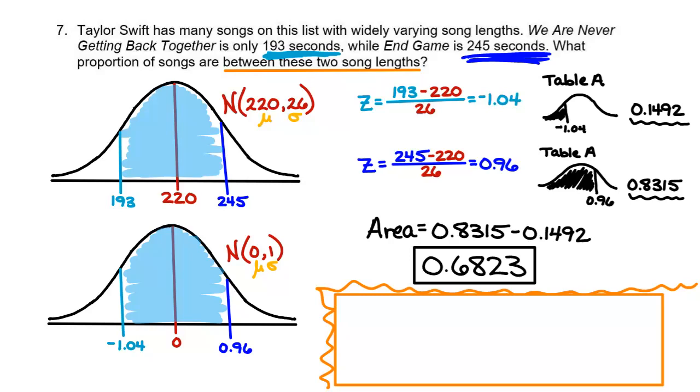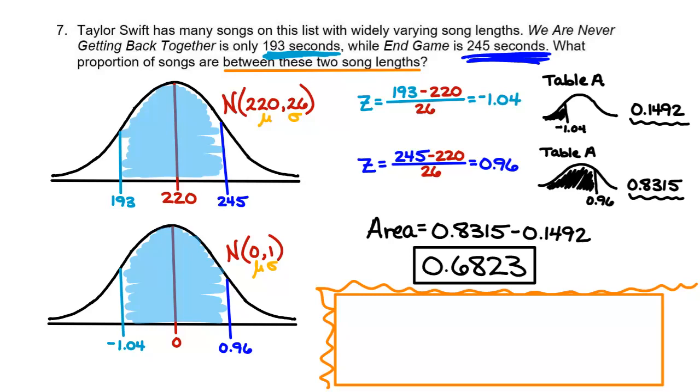What do I put here? Mean. What was our mean? 220. And then what do I put here? Standard deviation, which was 26. Come down to where it says paste and hit enter. Should look like that on the screen.